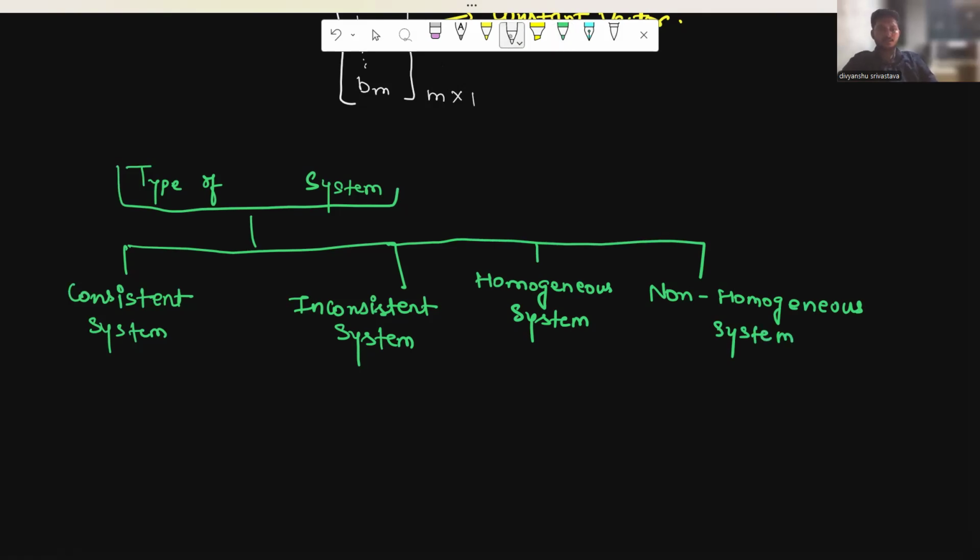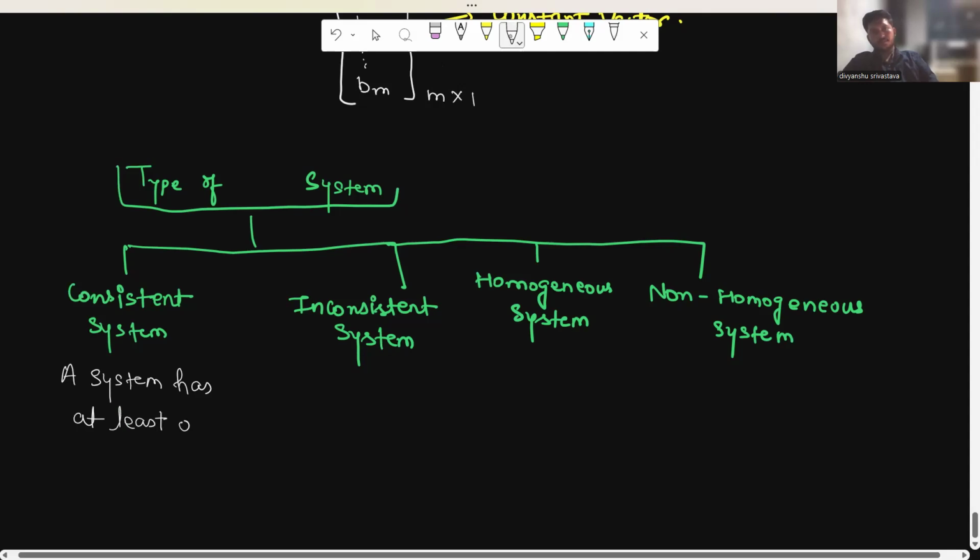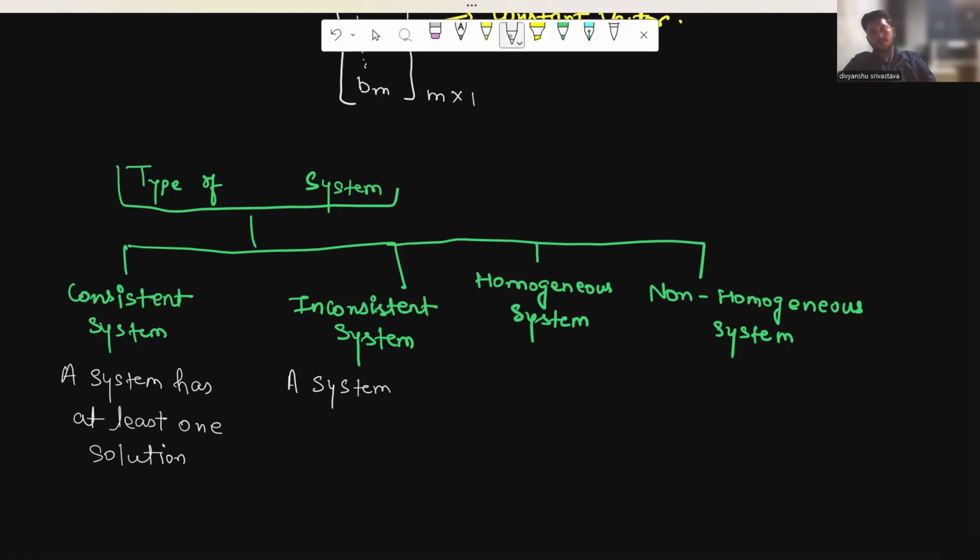What is a consistent system? A system that has at least one solution is called a consistent system, and an inconsistent system is one that has no solution.